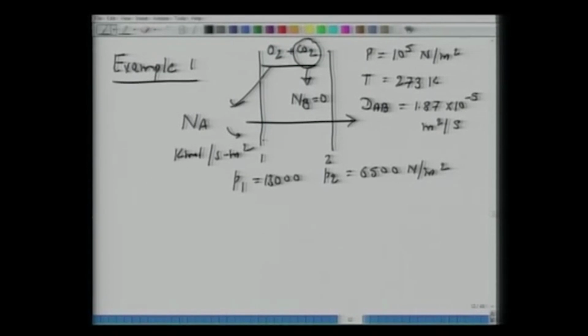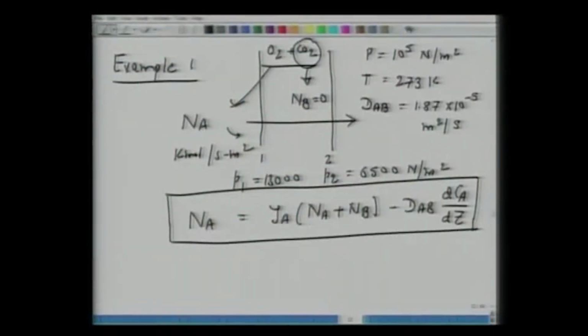It is a very simple example, the first one to start with, and we start with our expression for N_A, which we developed in our earlier class. So, we have N_A equals y_A times N, which is N_A plus N_B, minus D_AB dC_A over dz. This was our first governing equation for diffusion flux.